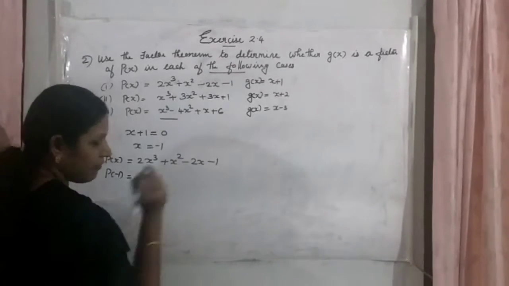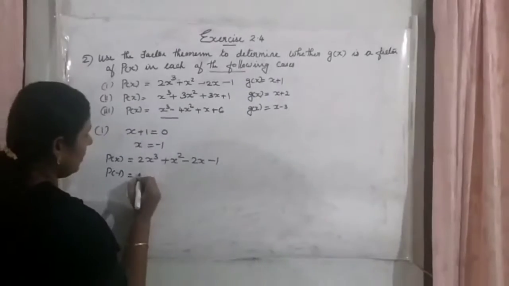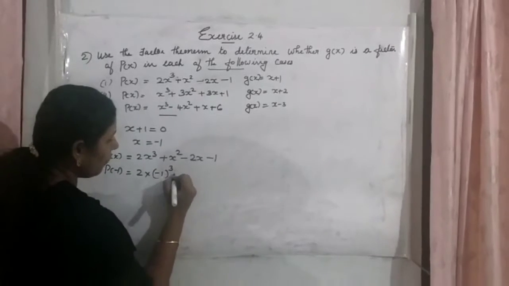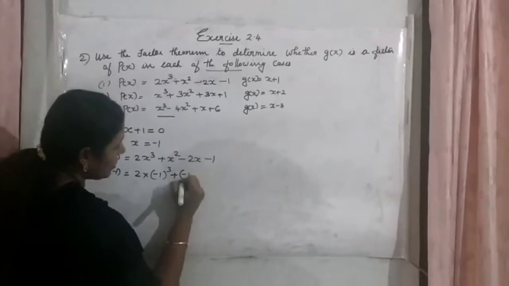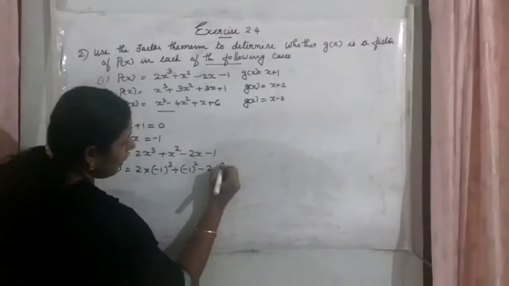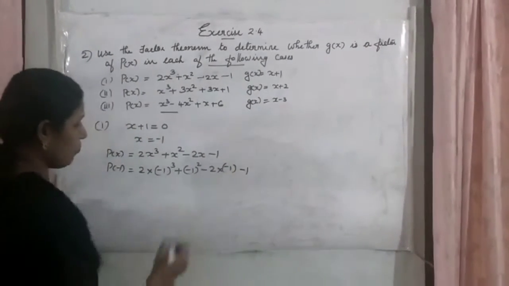Instead of x we put minus 1, that is 2 into minus 1 cube plus minus 1 square minus 2 into minus 1 minus 1.